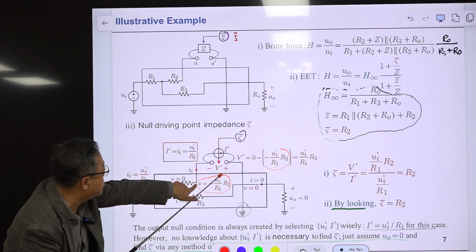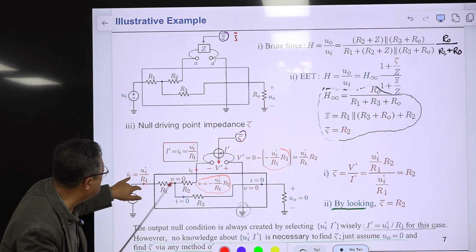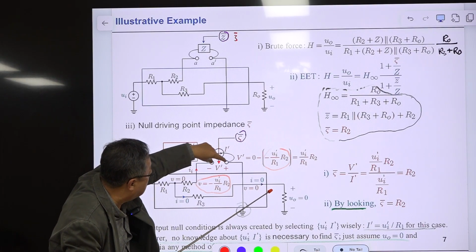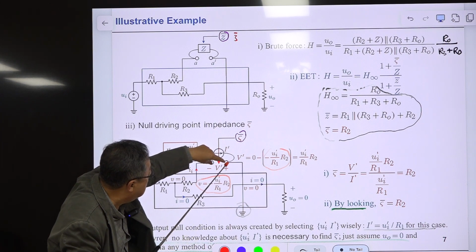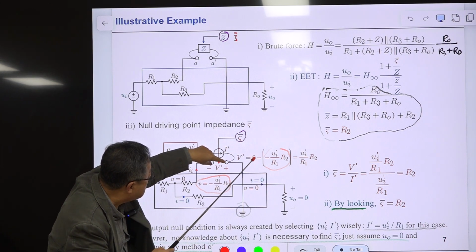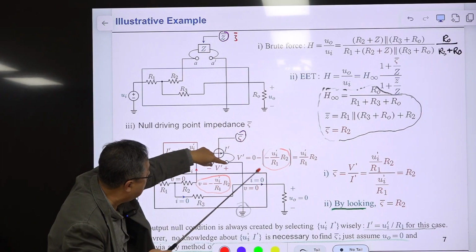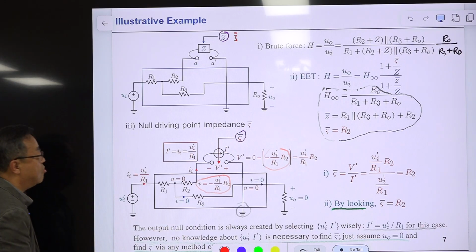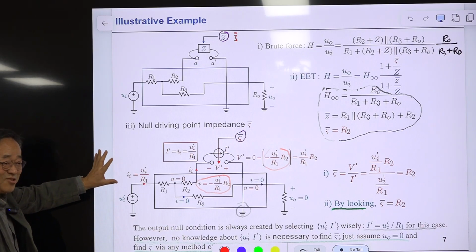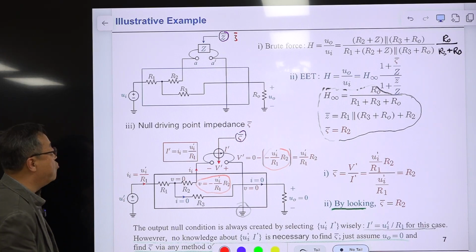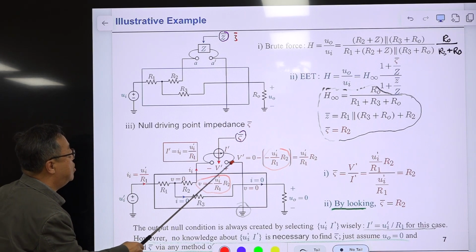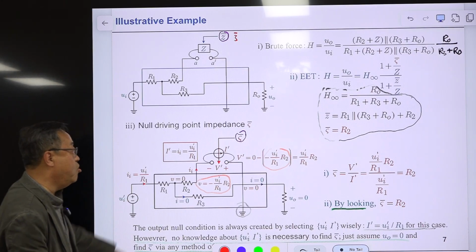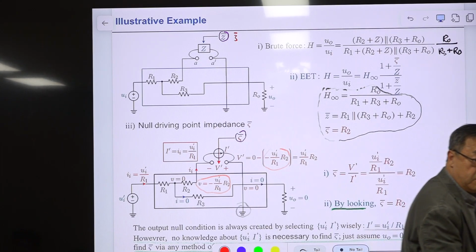The voltage drop here is this one, and this current is going through this. This is I prime, and the voltage across this A prime port is 0 minus this potential. This is the formal, or inconvenient, way of evaluating this. So we find V prime and we know I prime, and the ratio of them is R2.